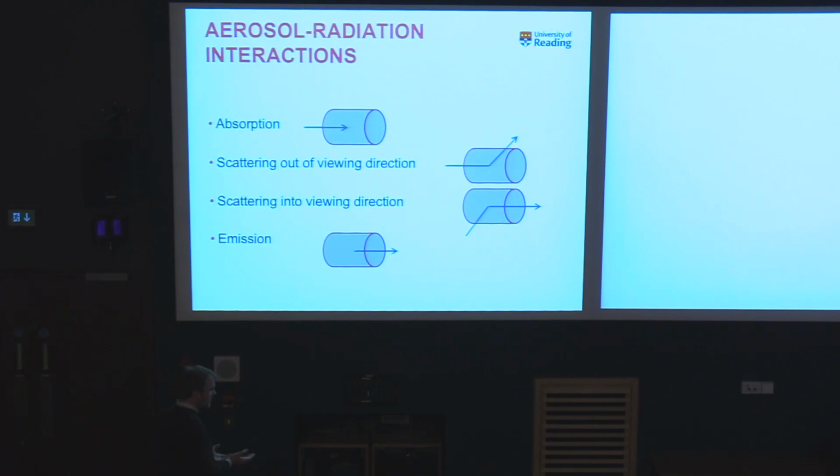Then they can scatter radiation, so that's an elastic process where you change the direction of propagation of your photon, but not its wavelength. So you can scatter outside your field of view or inside it. And finally, aerosols can emit radiation. So here we're talking more in the infrared spectrum. So radiation which essentially depends on the temperature of the aerosol layer.